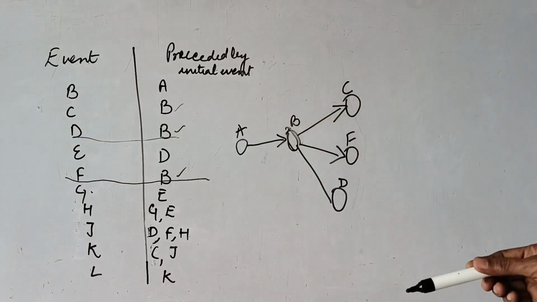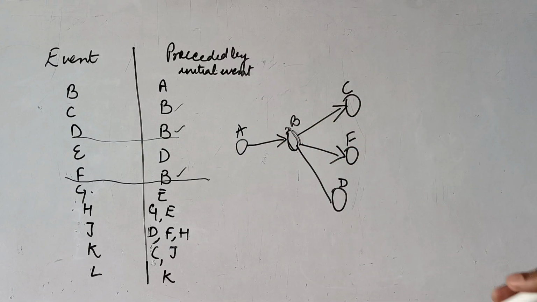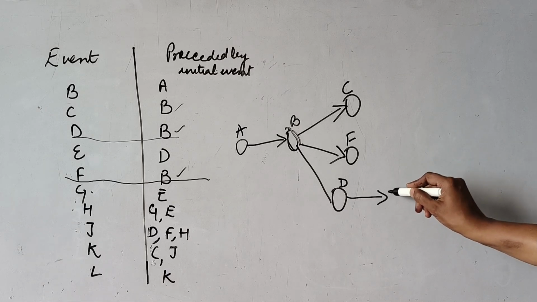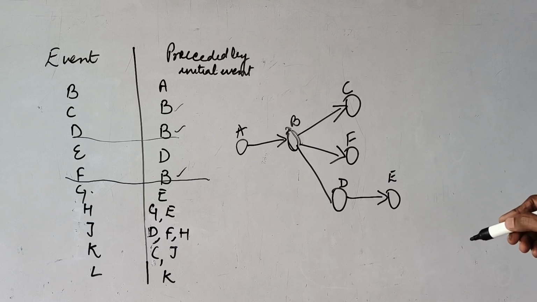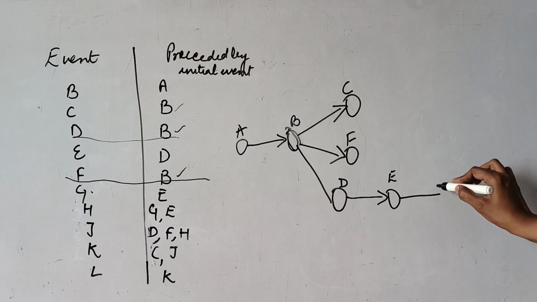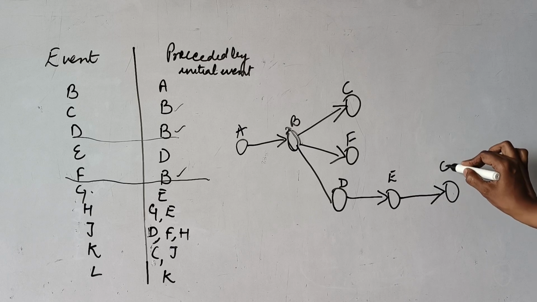From D I have to design E now. So from D we have to design E. I have given it the name E. Now from E you have to design G. So from E I am going to design G. This will be G now.